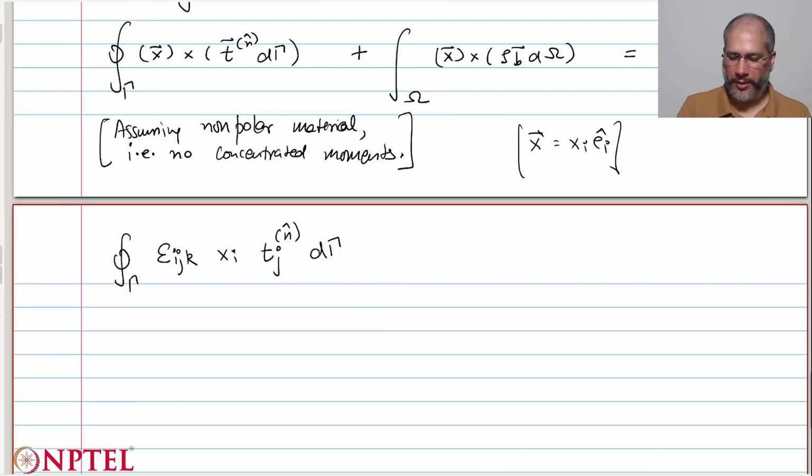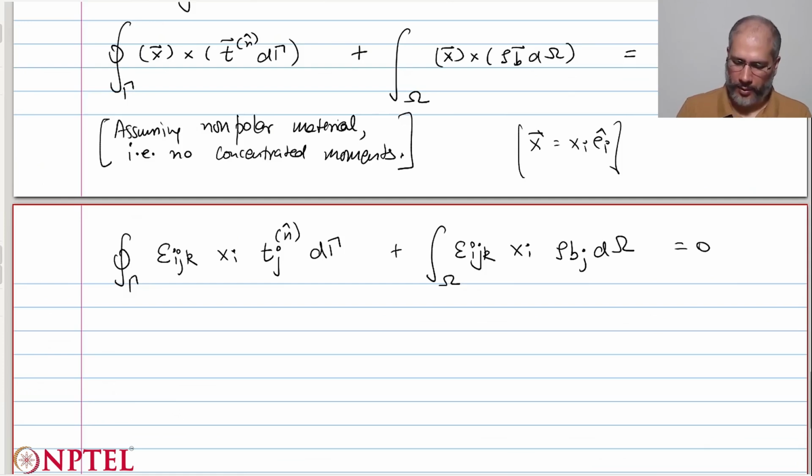So we'll not be writing e_k hat of the basis vectors here, plus an integral. Now we have an integral over omega, and then again we have a cross product. So this becomes epsilon_ijk x_i, and then we have a rho b_j d omega, and this is equal to 0. So now we'll call this 1 and this 2.